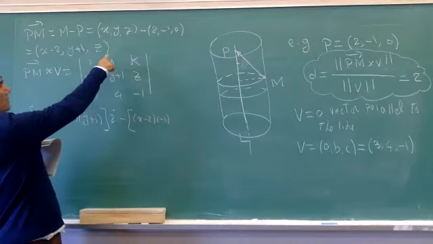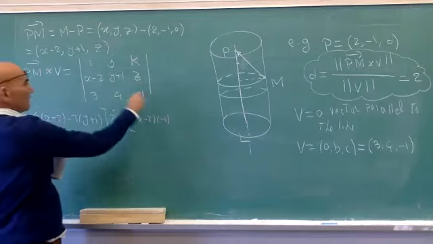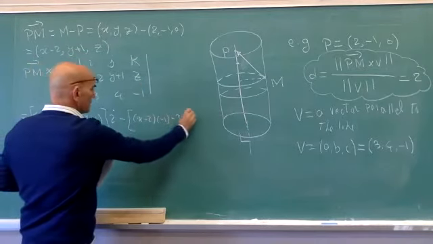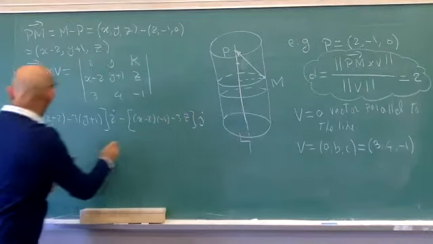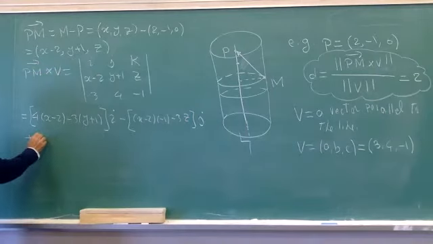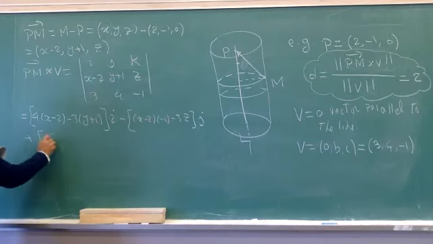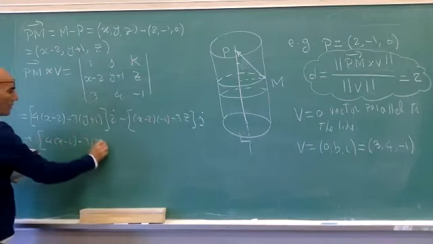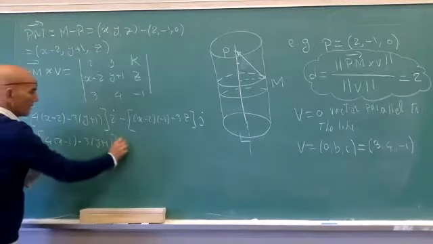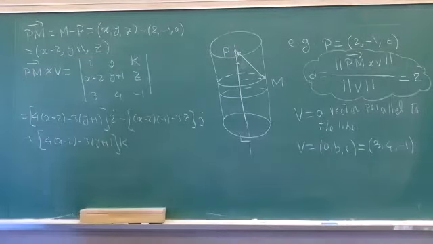Oh, we have to be careful. This negative 3Z, J plus K. Just like this. So this is 4 times X minus 2 minus 3 times Y plus 1. Is there any mistakes here? Can you find any mistakes? No? Hopefully this is okay.